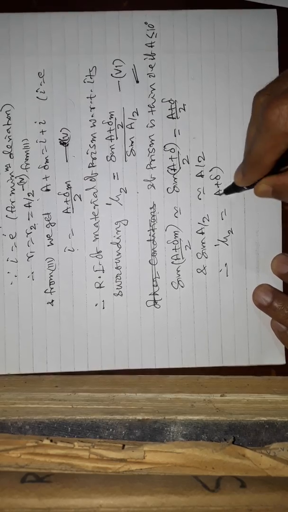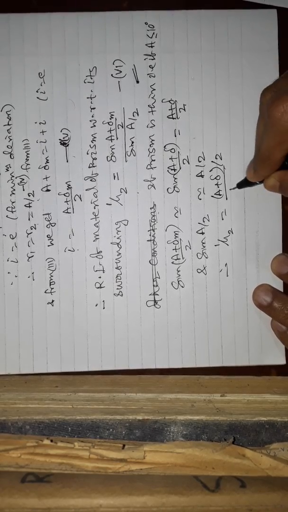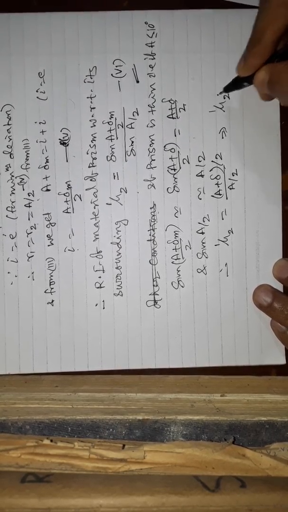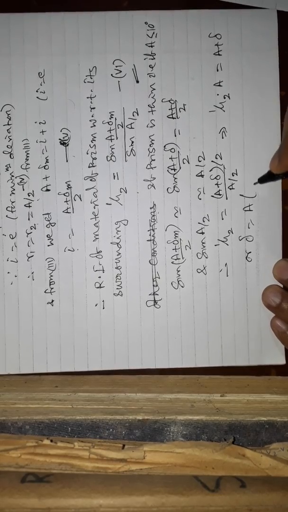So this one will be A plus delta over 2 by A by 2. That means refractive index of the second medium or material of prism with respect to the first will be equal to A plus delta over A, or this delta is A times μ(2)1 minus 1. This is the deviation for thin prism.